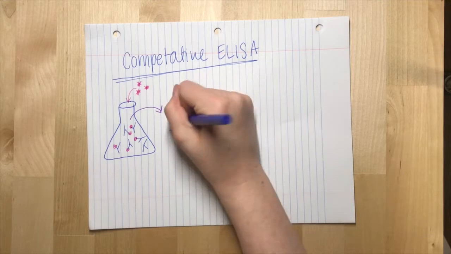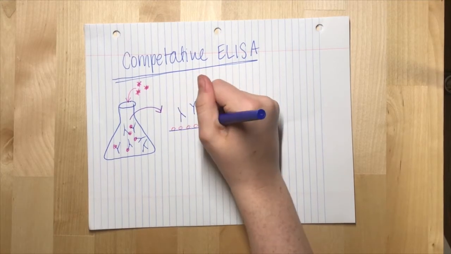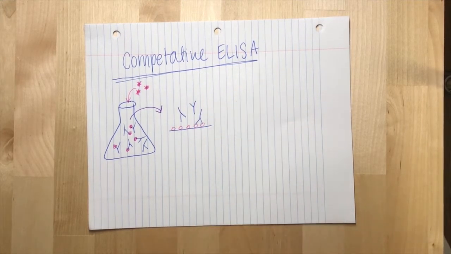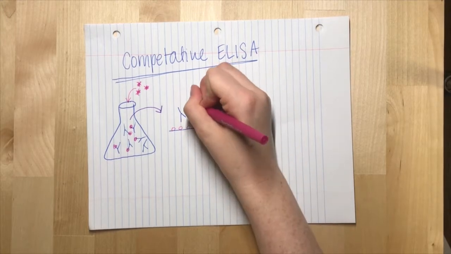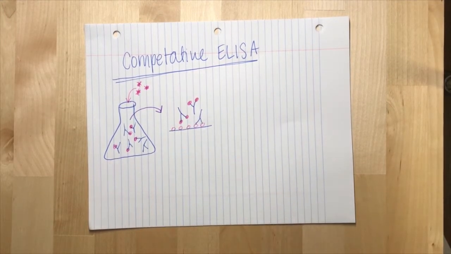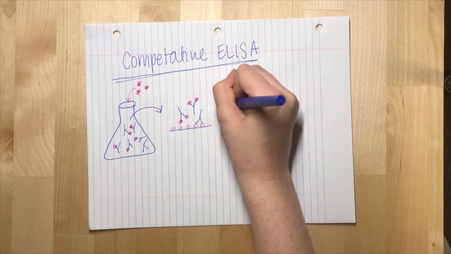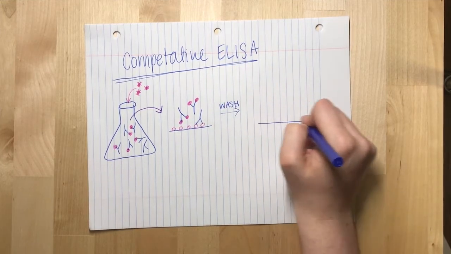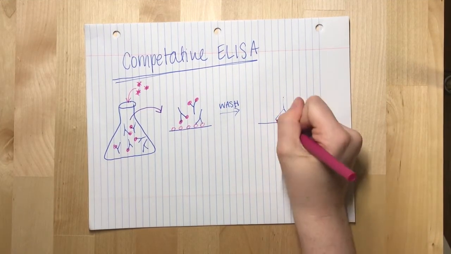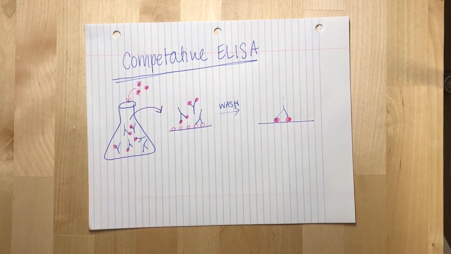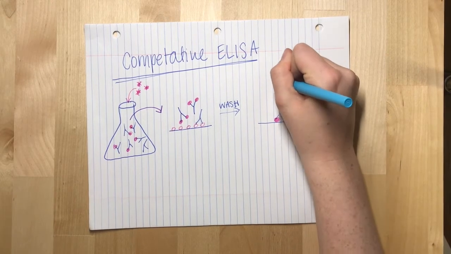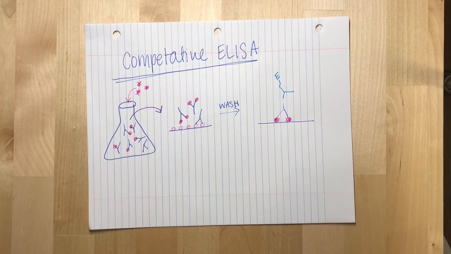You'll then add the bound mixture to the plate, where any unbound antibodies will bind to the antigens on the plate. Next, it's important to wash the plate to rid of any extra complexes that aren't bound to the plate. Finally, an enzyme-linked secondary antibody can be added and the substrate enzyme reaction can occur.